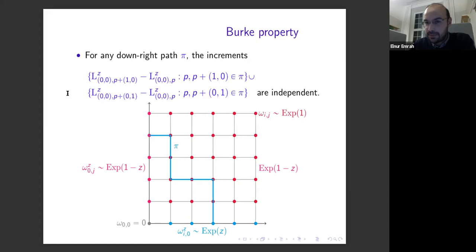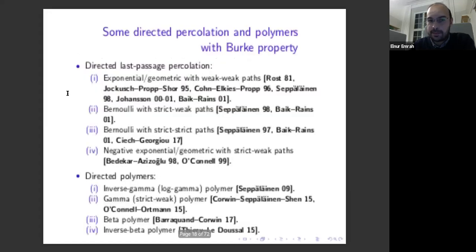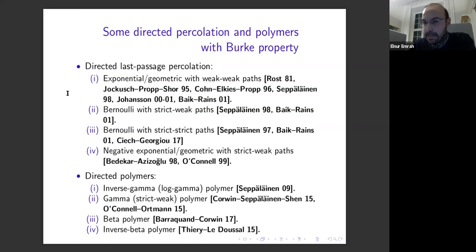So there are a few reasons. The first one is that this increment-stationary structure is known explicitly for the integrable examples of directed last passage percolation and directed polymers. This slide includes a possibly non-exhaustive list of such models, and the references are possibly also incomplete.